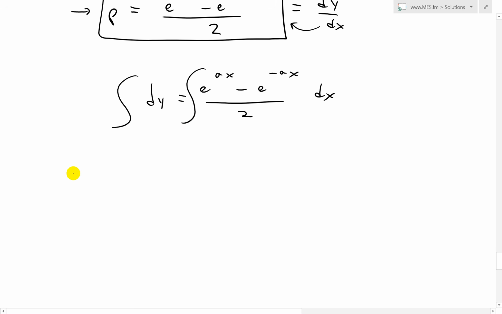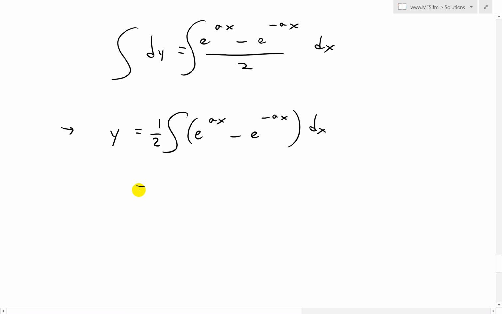So what we end up having is y equals the integral, because the integral of dy is just y. The integral like this, I'm going to take that 1 over 2 out of there. That's just a constant. Now the integral of e^(ax) minus e^(-ax), and then dx, like that.